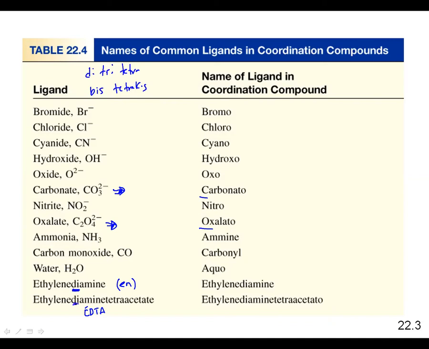Same thing with this one. Although it doesn't write out a prefix in the name, people also will with oxalate use bis, tris, and tetrakis to indicate if you had more than one of those. So that's a common one that you come across.